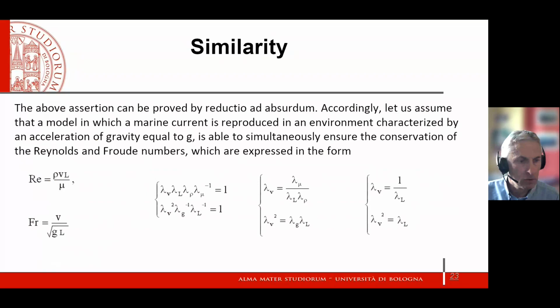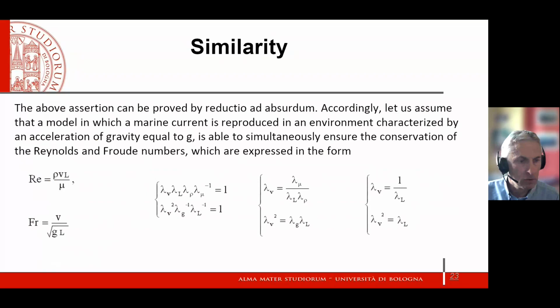So what I have in the second column is simply the two conditions to preserve the Froude number and the Reynolds number. Now, let's compute in the third column lambda v, depending on the two relationships that we see in the second column.